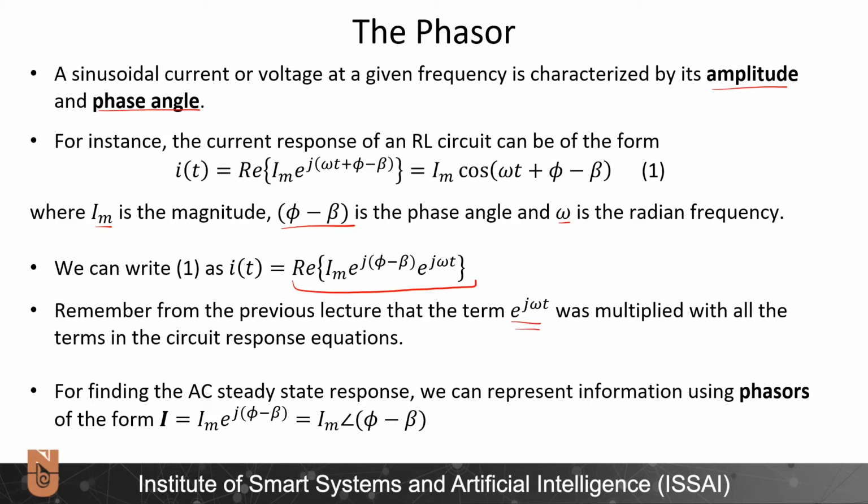Therefore, for finding the steady-state response, we can represent information using phasors by omitting the frequency information in the following form given here. I, the phasor, is equal to Im times e to the j (phi minus beta), and similarly I can write this as a magnitude Im and phase phi minus beta as well.